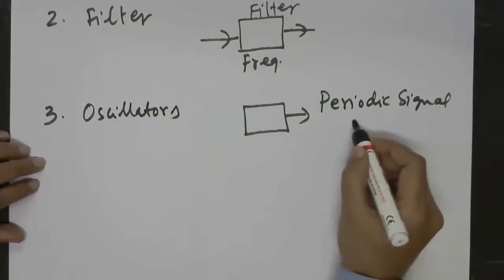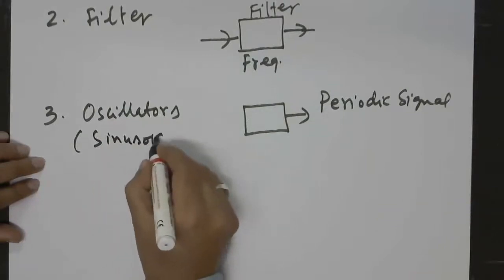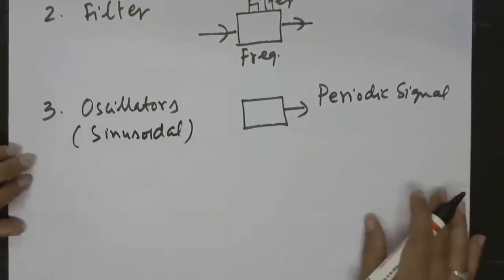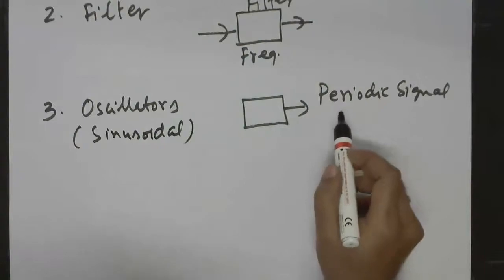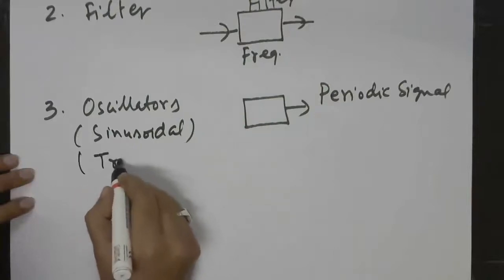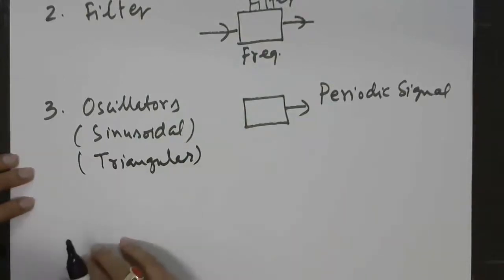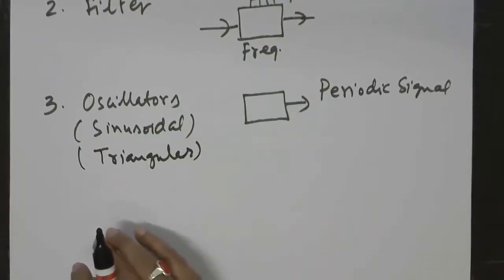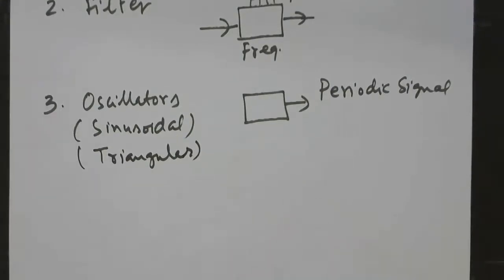And for our case, these periodic signals are going to be sinusoidal, but many of those circuits can be easily modified for square or periodic signals also. And in fact, one of the circuits that we will see will produce a triangular periodic waveform also. So these are going to be three major modules, and the first module itself will have four sub-modules. So these we will study in this course.